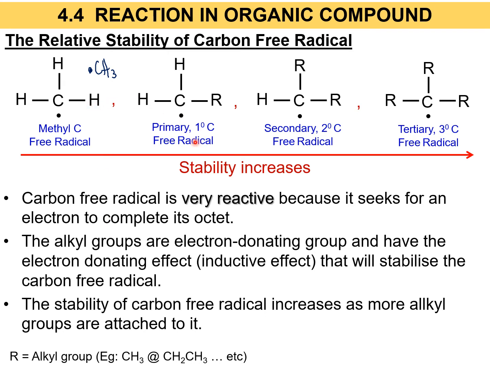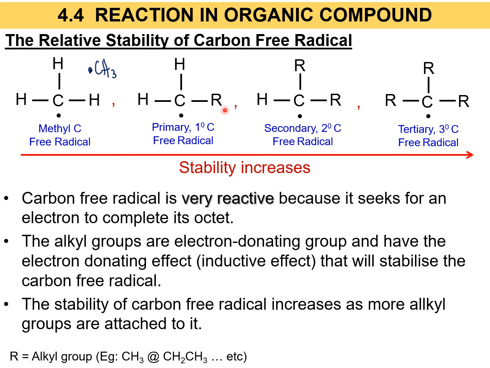Okay, this is actually a primary carbon free radical sebab this carbon free radical is attached to only one alkyl group. Alkyl group ni contohnya macam CH3 ke, CH2, CH3, anything yang kita dah belajar dekat 4.1 pasal alkyl group in hydrocarbons. It can be methyl, it can be ethyl, it can be isopropyl. Okay, pokok pangkalnya alkyl group ni mesti start dengan carbon atom.